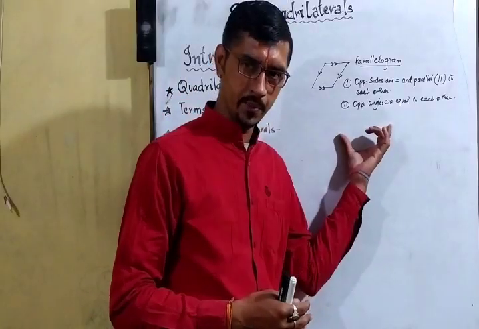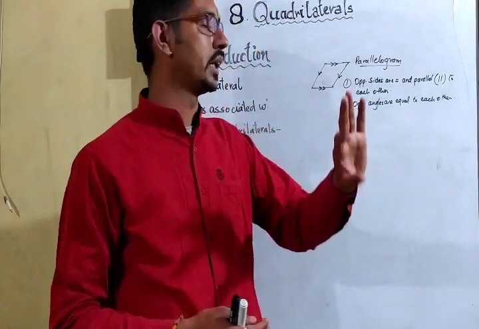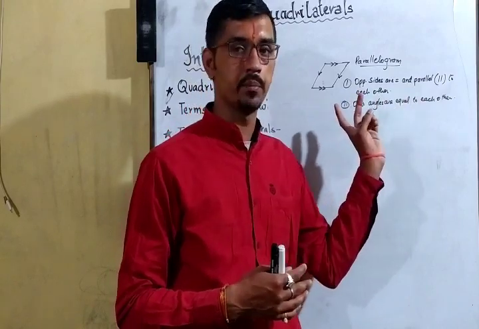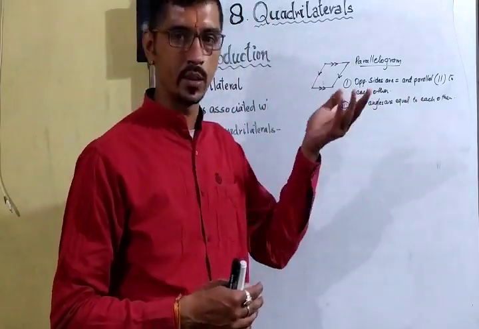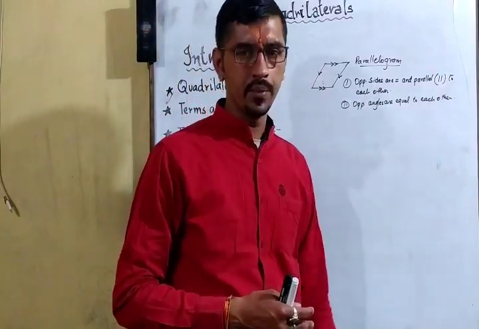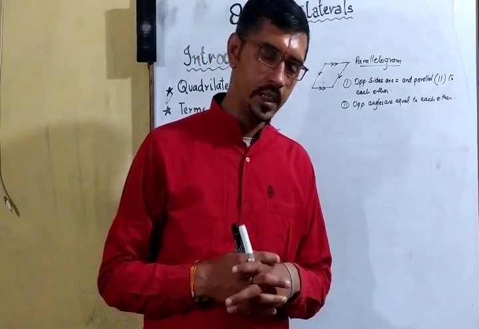This is the basic property: a four-sided closed figure in which opposite sides are equal and parallel to each other. So then the figure is said to be a parallelogram. Opposite angles are equal to each other.